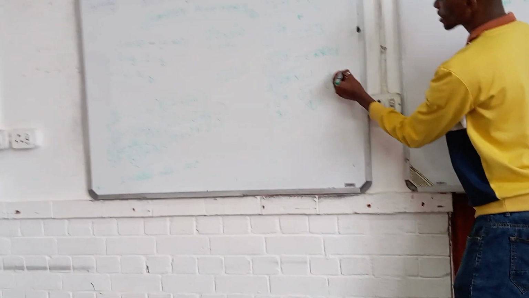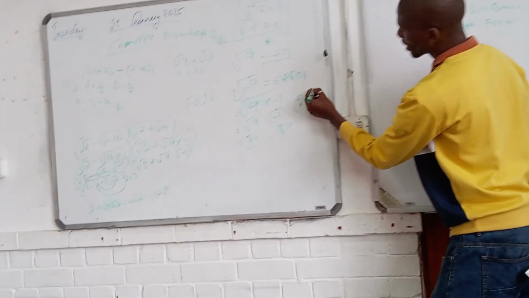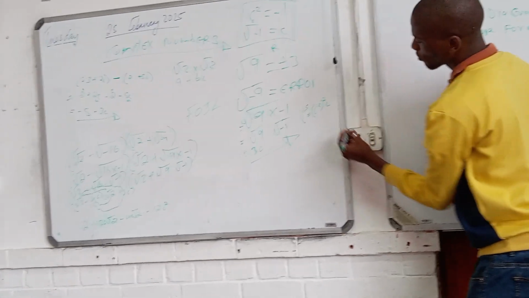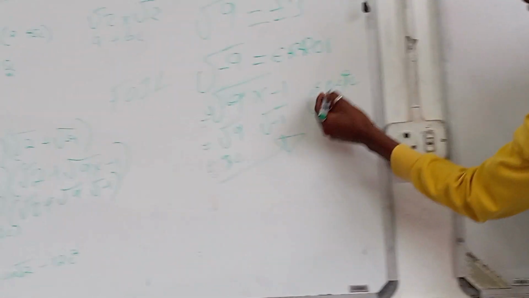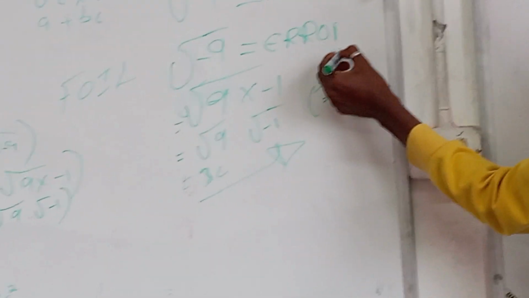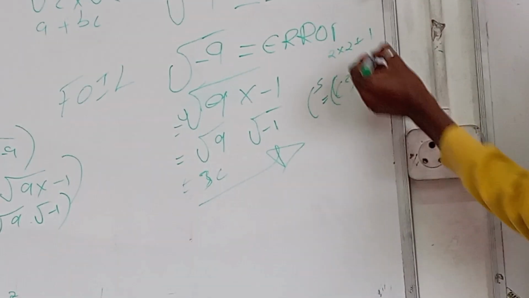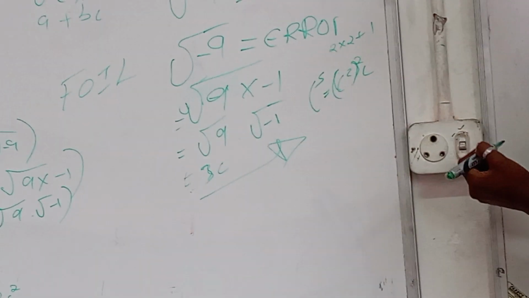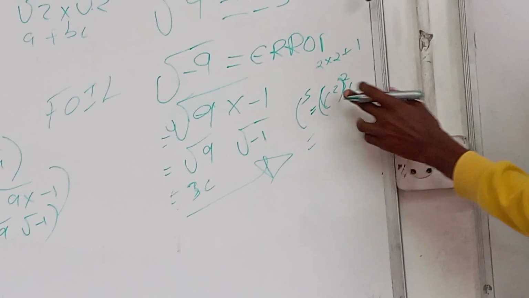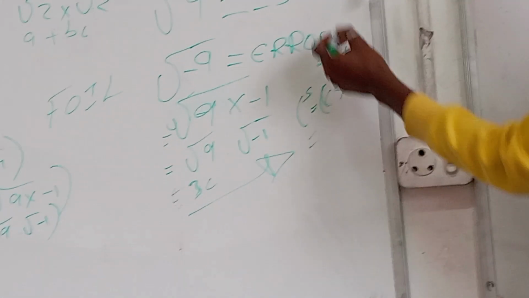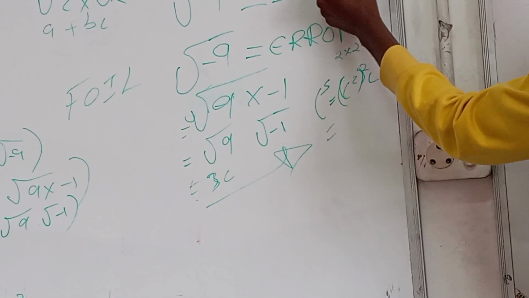We know that 2 to the power of 5 can be broken down into 2 to the power of 4 plus 1, because what we saw in maths, if you put a bracket here, basically this is the same as 2 times 2, which is 4, and plus 1, which is 5, right? So you can break it down. What is very important is the even numbers and odd numbers.